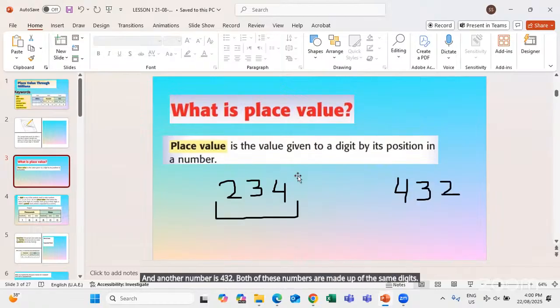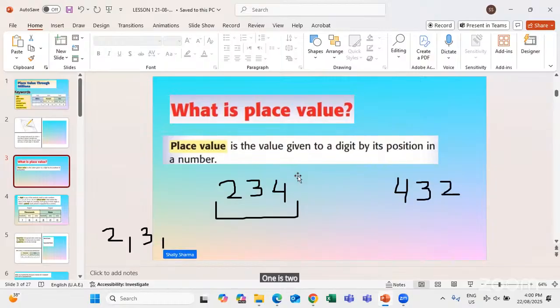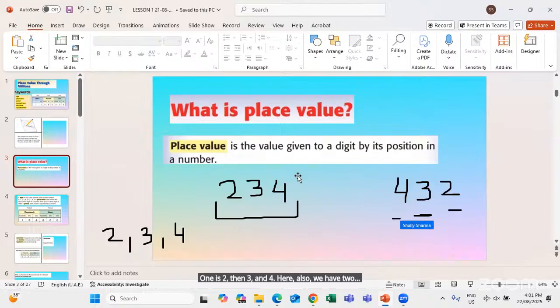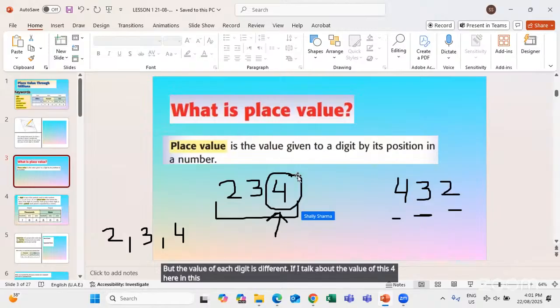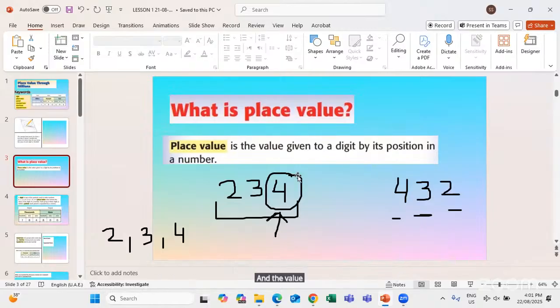One is 2, then 3 and 4. Here also we have 2, 3 and 4. But the value of each digit is different. If I talk about the value of this 4 here in this number and the value of 4 in this number, that is different. Why? Because of its position in the number.